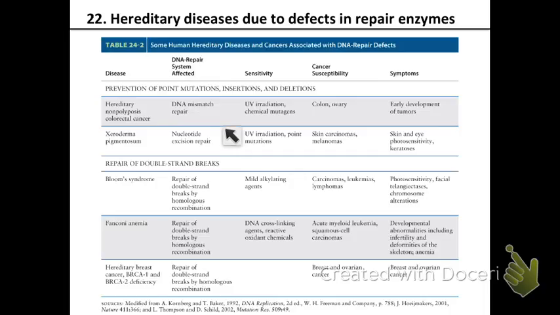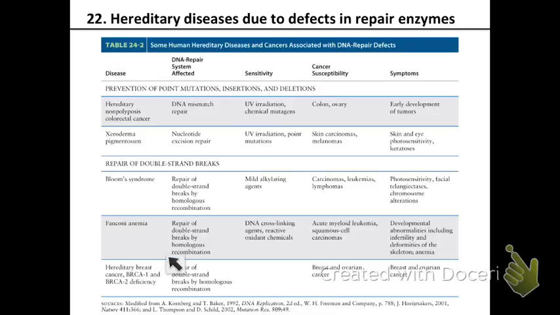So here is a table of a number of human hereditary diseases and cancers that are associated with DNA repair defects. In fact, a lot of these DNA repair genes have been isolated through these instances. For example, we talked about this skin cancer, which is caused by mutations in the nucleotide excision repair enzymes.